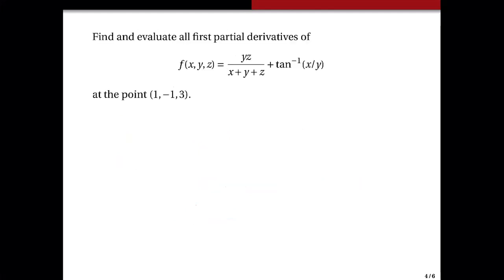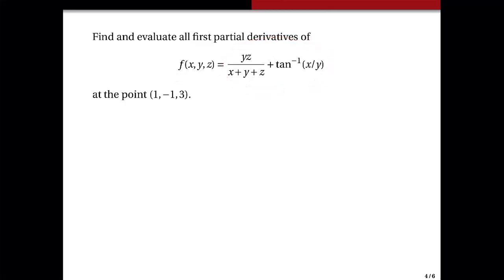Let's have this third problem. Find and evaluate all first partial derivatives of f(x, y, z) given by this function at the point (1, -1, 3). Here, the function f is explicitly given in this form.